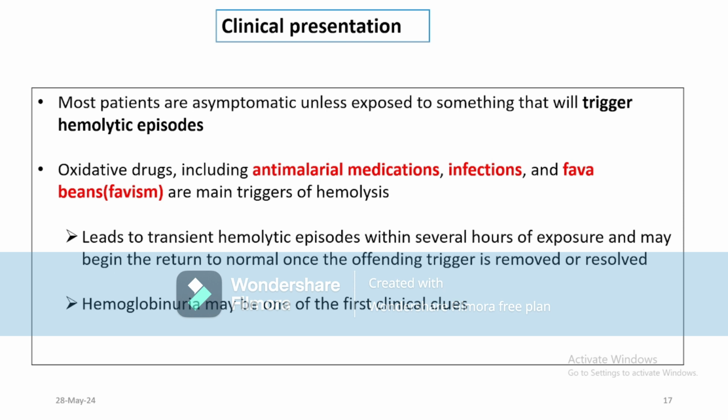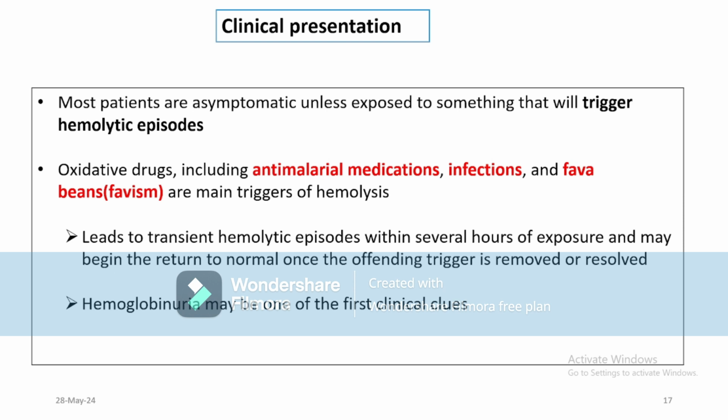Some of them are oxidative drugs, which include the anti-malaria medications that we normally use. I'll talk about them. Certain infections can also trigger hemolysis, and then fava beans. These three things are the main triggers of hemolysis.